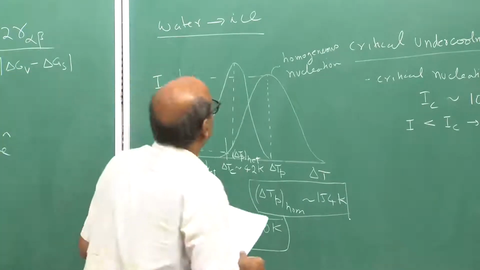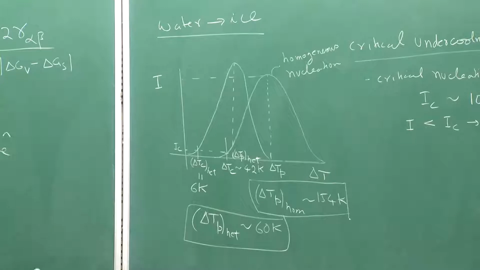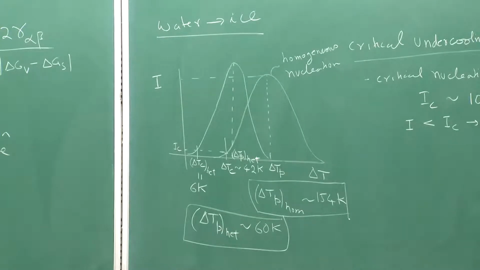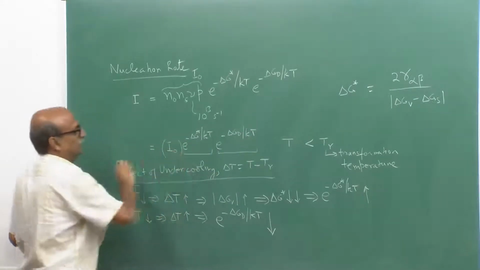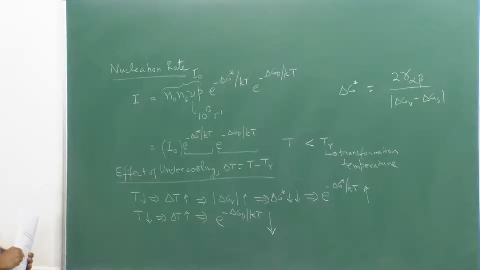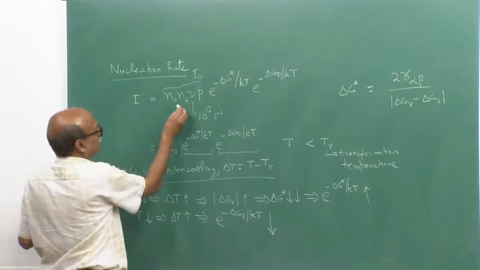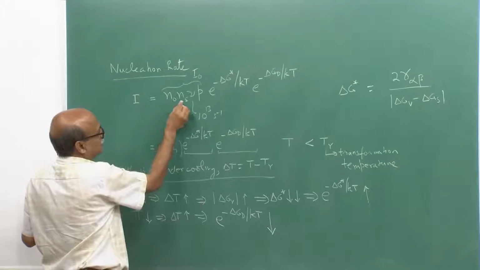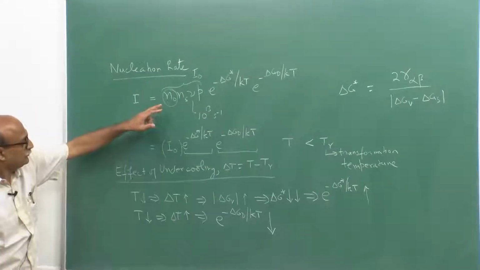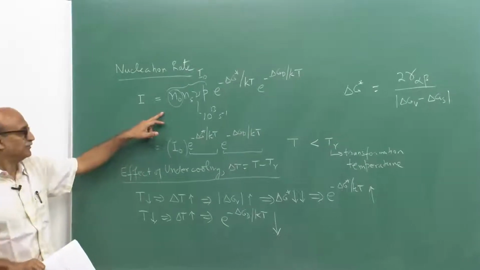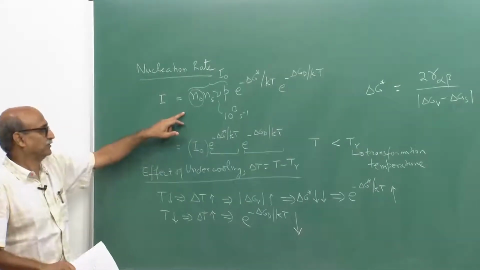So, this was a quick summary, and before we leave this topic of nucleation rate, just also to summarize what we had discussed regarding sites for nucleation, because in this expression for nucleation rate, if I now look at the I0 term, the I0 term corresponds to several terms N0, Ns, nu and P, in which N0 is the number of sites where nucleation can take place.